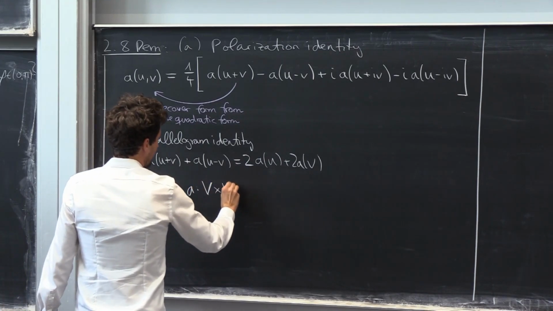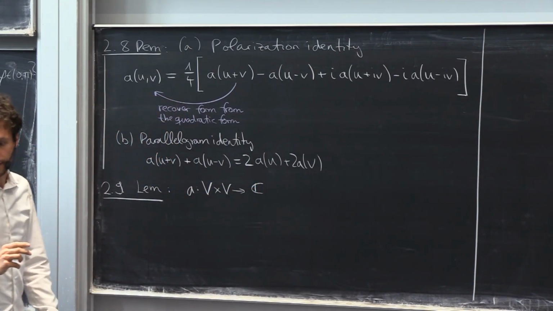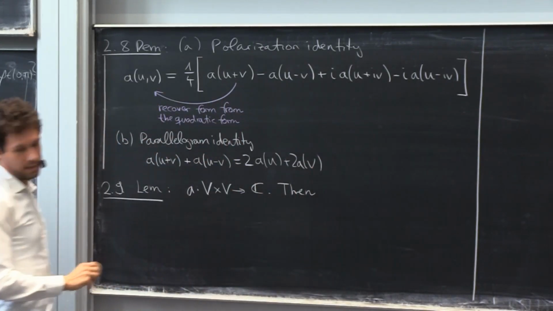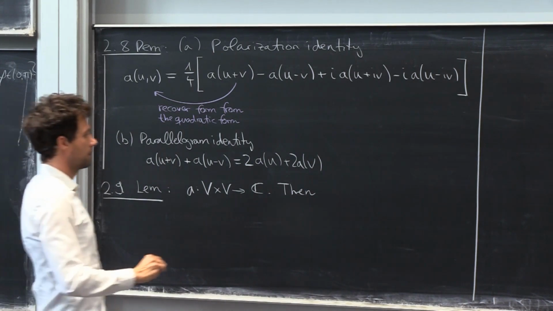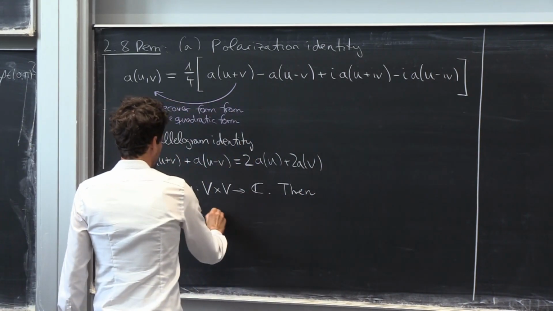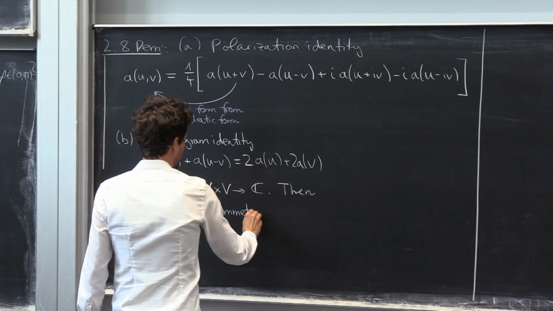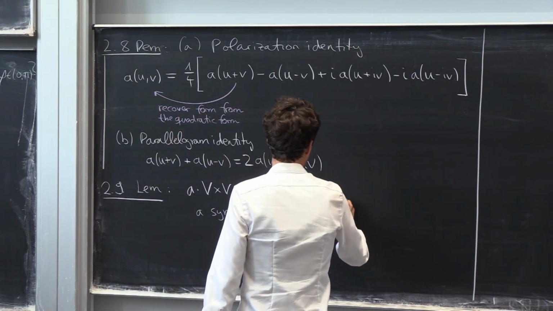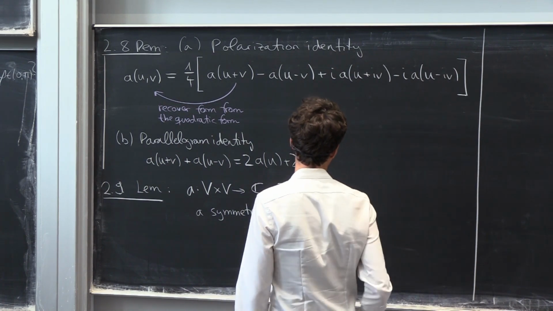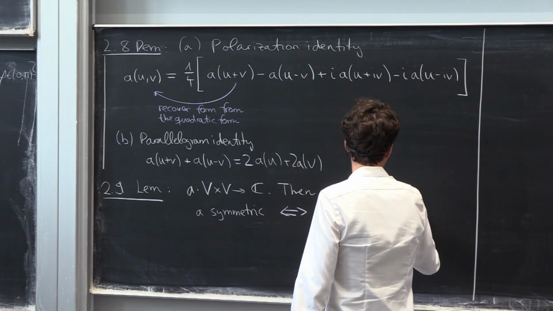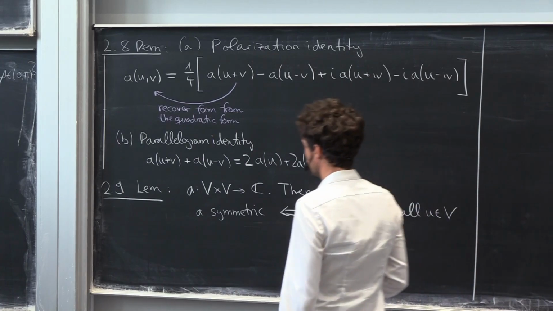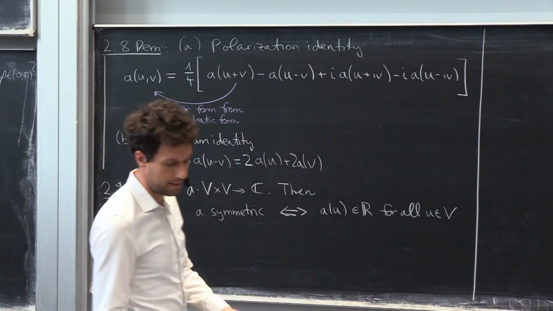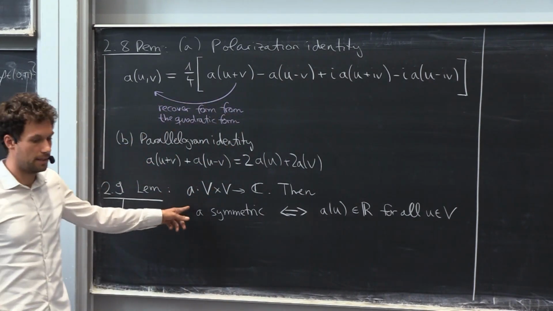Okay, so suppose I have a sesquilinear form, and I want to know when this guy is symmetric. I claim that A is symmetric precisely when the quadratic form only takes real values. Okay, so you can check symmetry from evaluating the quadratic form in that way.